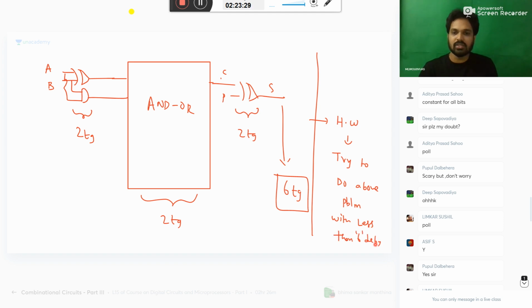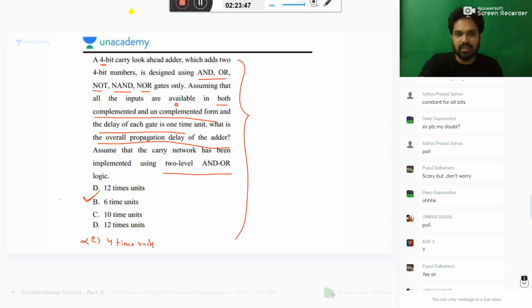Actually, in the options, that answer is not there, but I am asking you to try this question with less than 6. According to the options, 6 is the right answer, but I am giving you one homework to try this question with less than 6. Okay, same question, same statement, everything same. In this statement only, XOR is not available. Same statement, but I want less than 6. You try it and give it to me tomorrow.